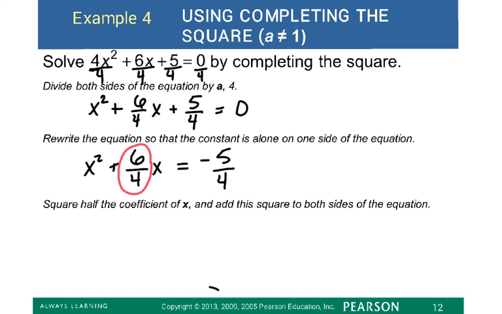And we'll end up getting 9/16, and we add that to both sides of our equation.